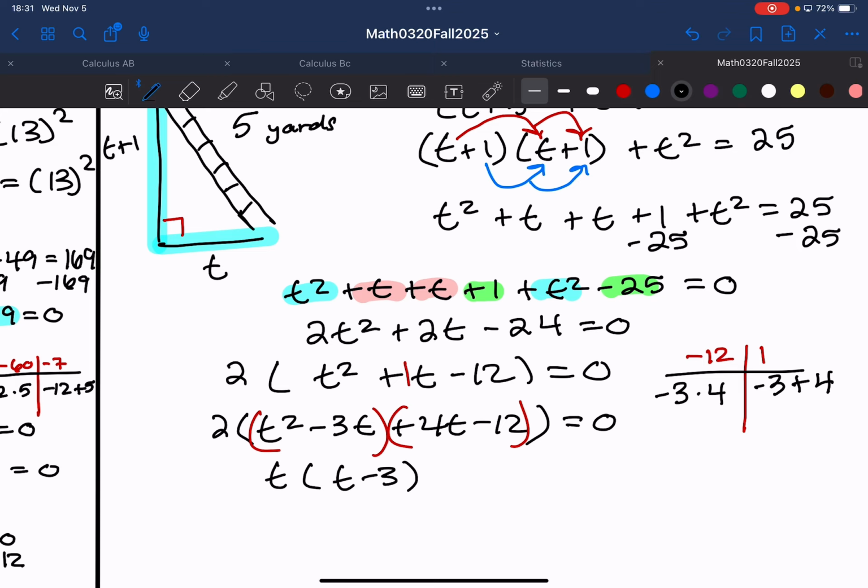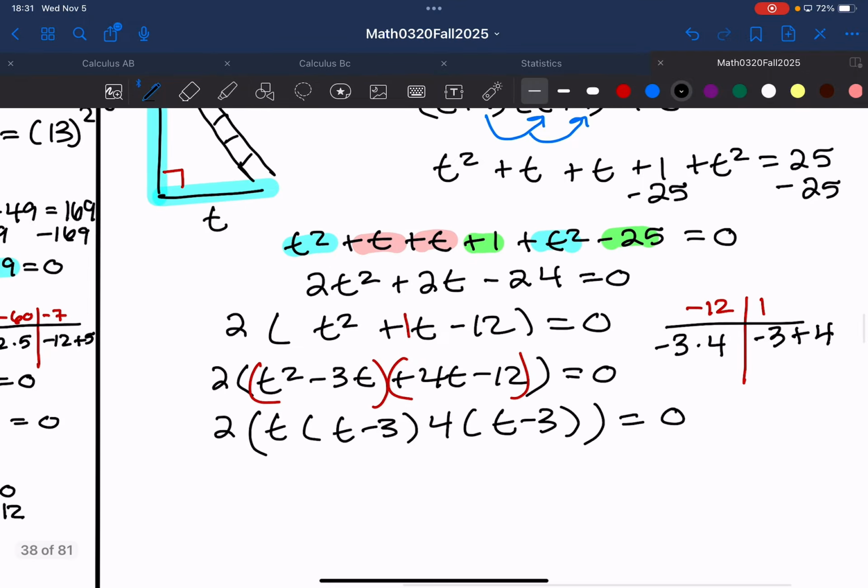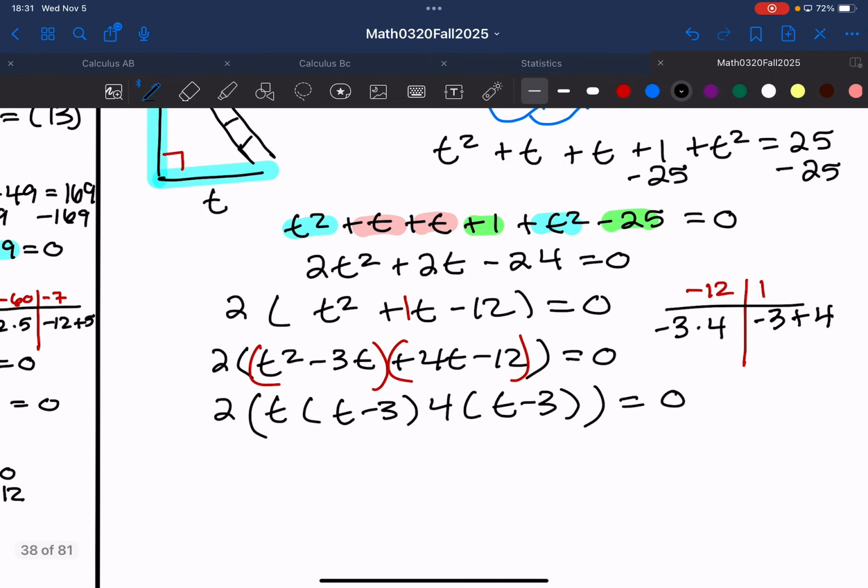And then the next one? 4, and I'm left with t minus 3. Okay, bring down my GCF of 2, set it equal to 0. Okay, what are my two parentheses here? t minus 3 and t plus 4. Bring down the GCF, set it equal to 0.